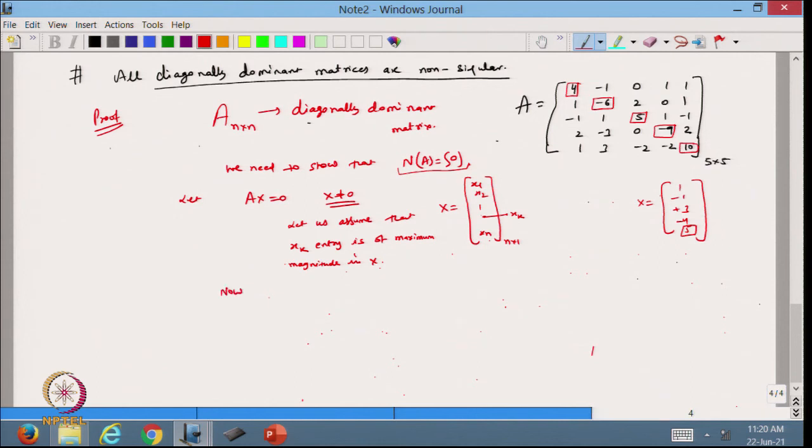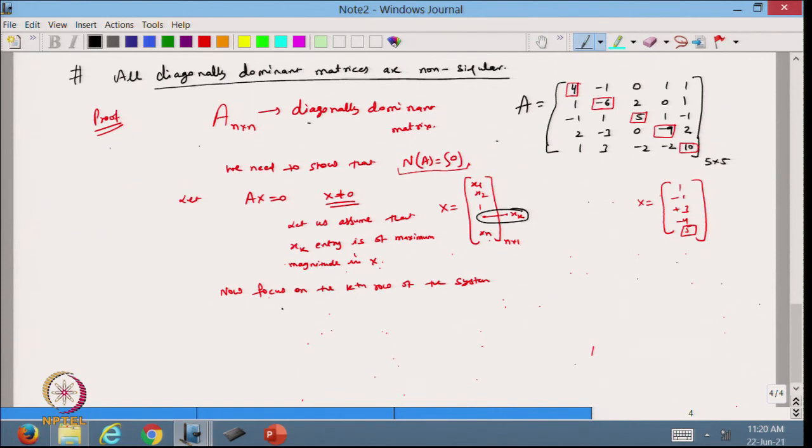Now, focus on the kth row of the system, because we have that x k is of maximum magnitude. So, I am talking about only the row corresponding to the kth. So, now I am taking only the kth row.